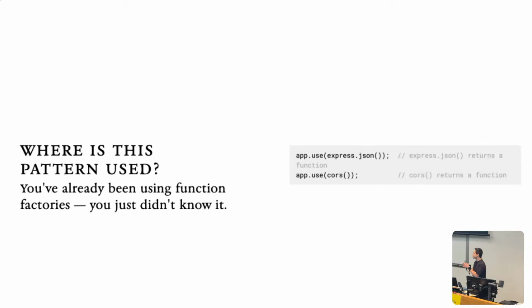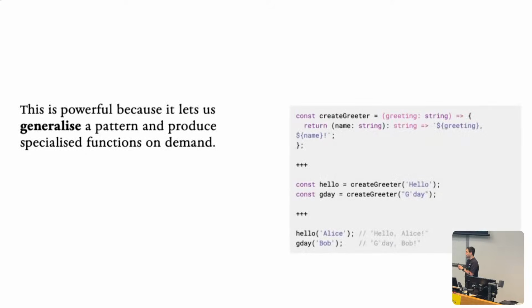No. So this is where the pattern's useful. If we go back a slide, what I want you to imagine is create greeter would be, for example, app.json. 99% of the code for handling servers would be defined in a function that gets wrapped, and then right at the end, in the JSON version, you would just bundle it up as an object, and in the text version, you would bundle it up as plain text.